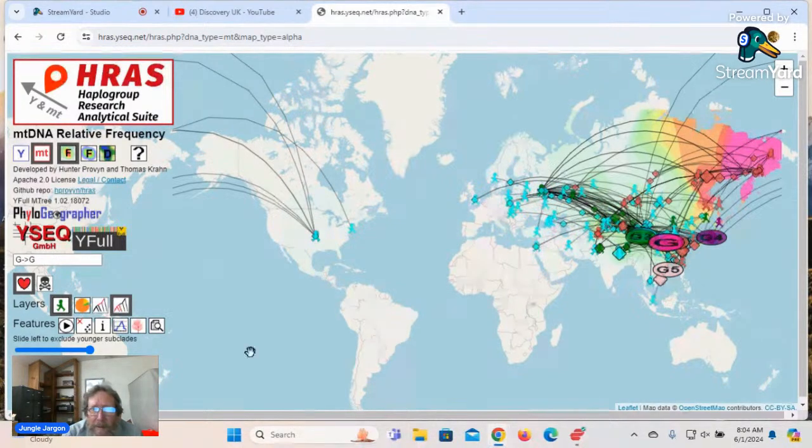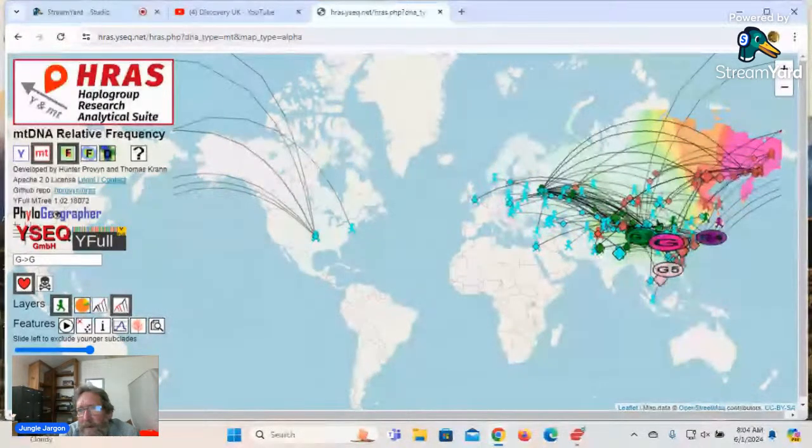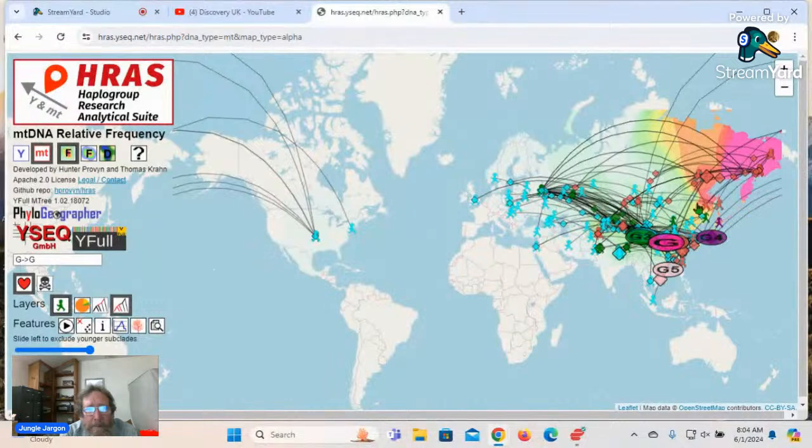So this would be a crossing. Apparently, it's a crossing. It just kind of jumps. Some of them pretty much have to have crossed through the Bering Strait, Beringia, or whatever they call it.